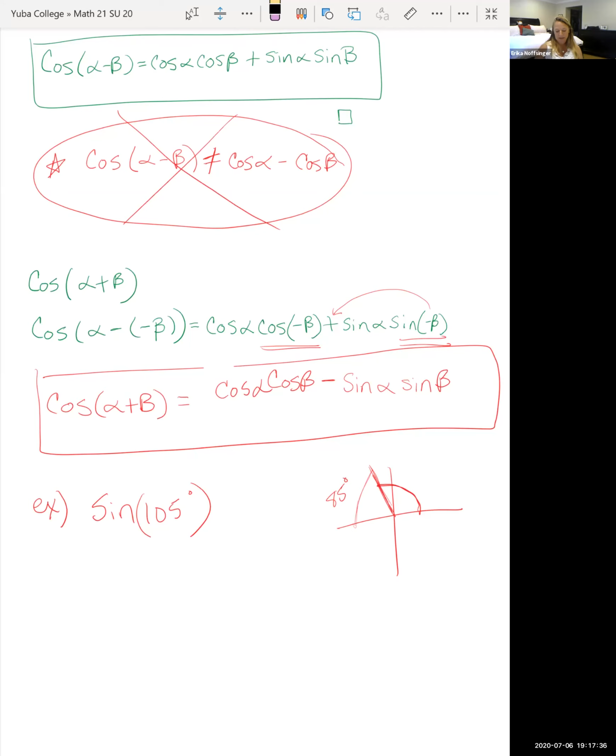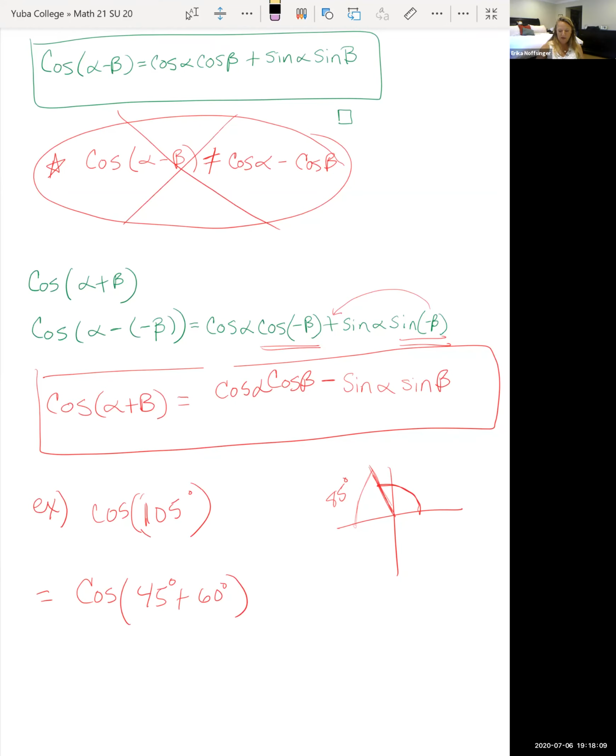But now we can manipulate this. Actually, we don't know cosine. Let me just change this to cosine. We can manipulate this into angles we do know. We know 45 degrees and we know 60 degrees. And 105 can be rewritten in terms of 45 and 60. So this is the same thing as cosine of 45 degrees plus 60 degrees. Order doesn't matter.